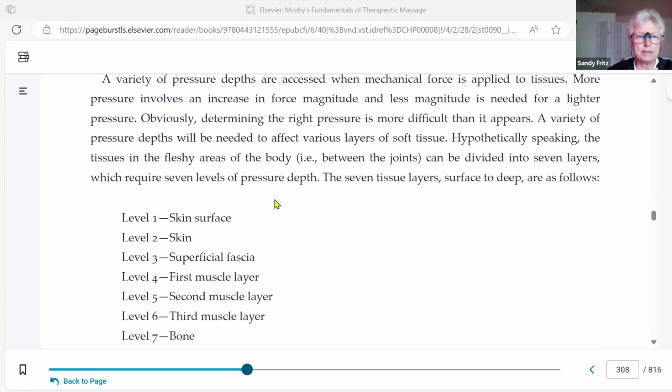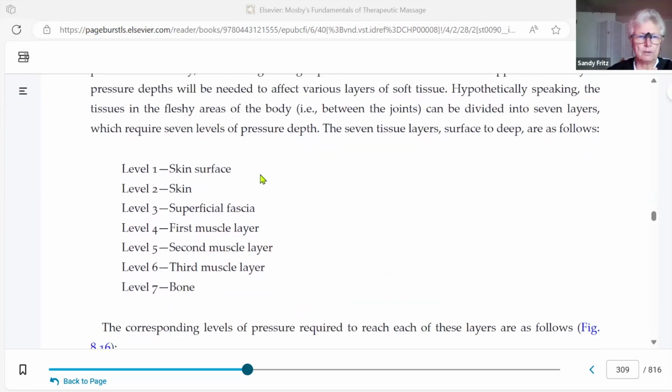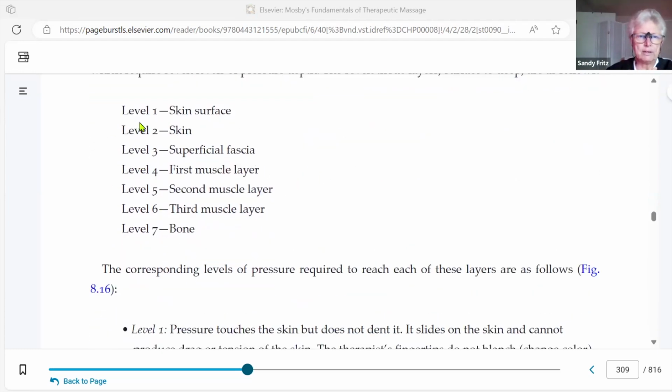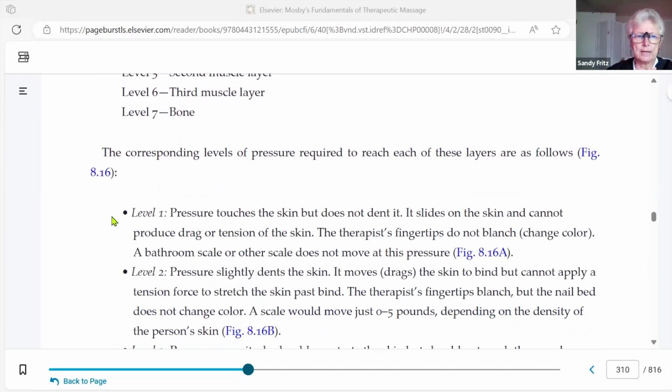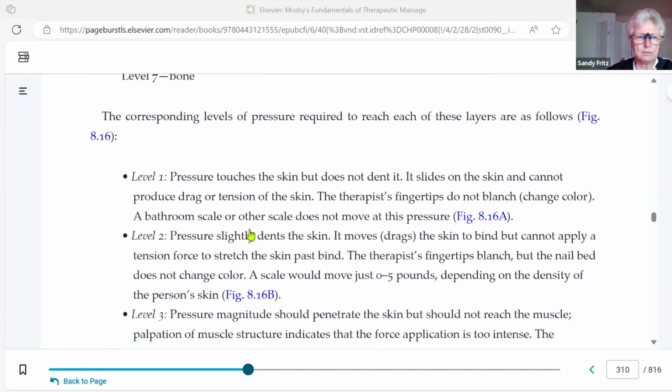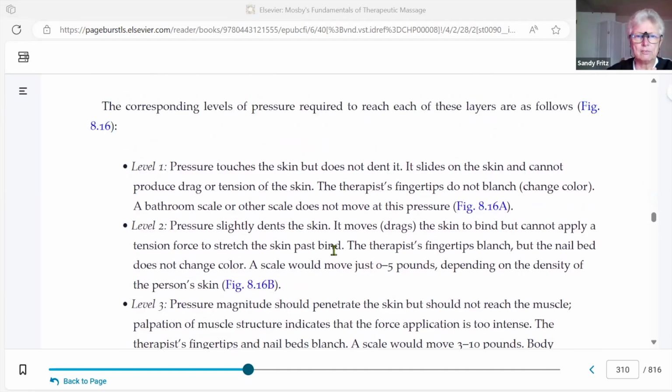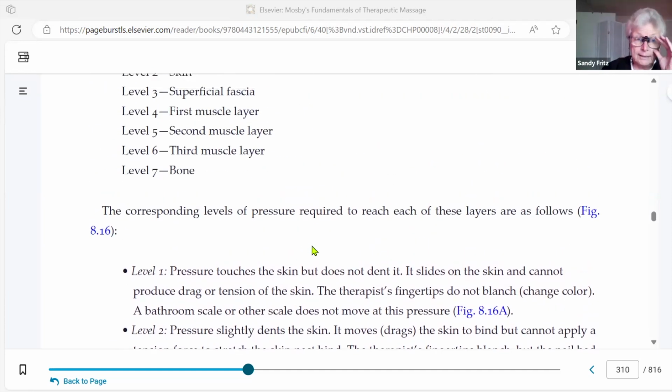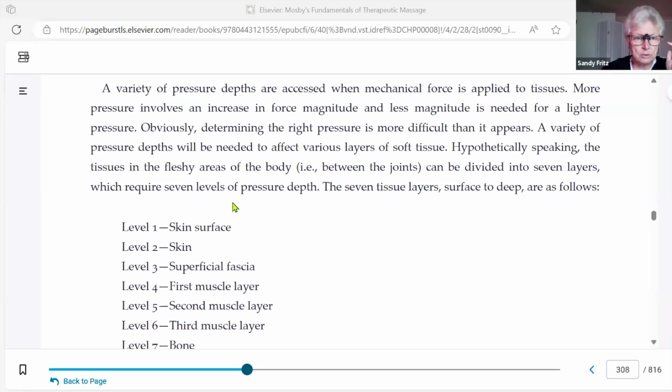So this section right here, I think, is extremely helpful. And this is the varying pressure levels that we are looking at. We can look at it as level 1, level 2, level 3, level 4. It also can be light. So light would be level 1 and 2.